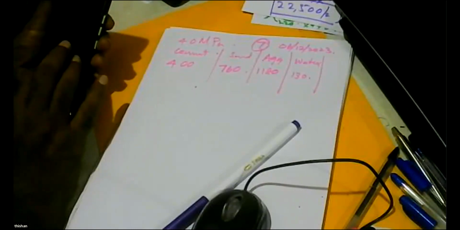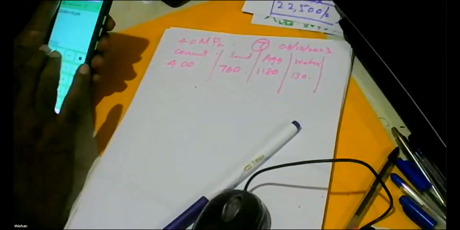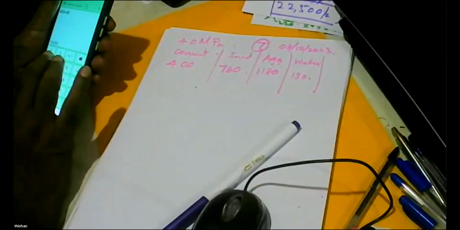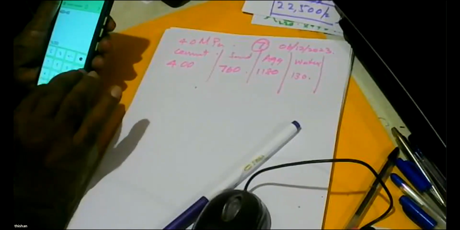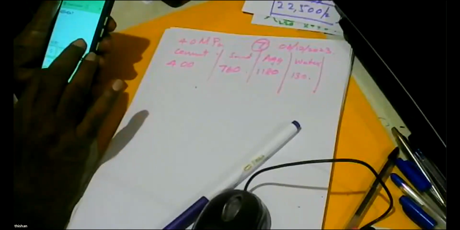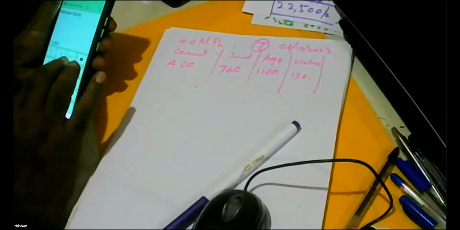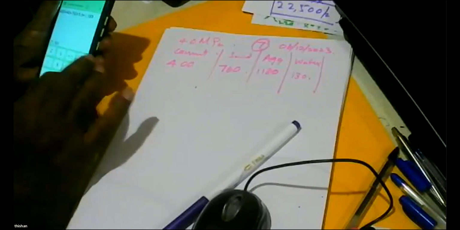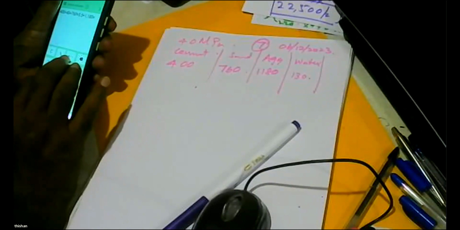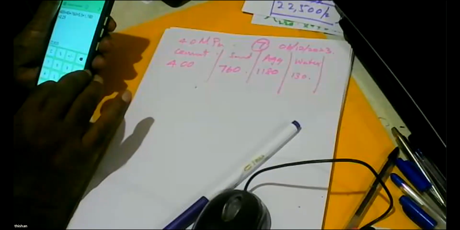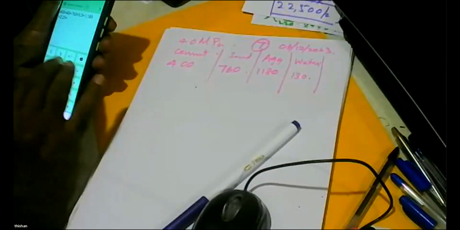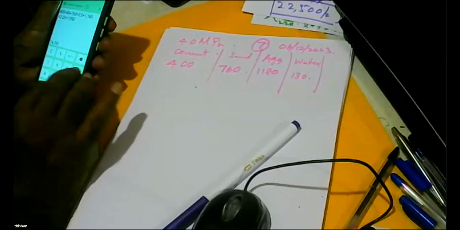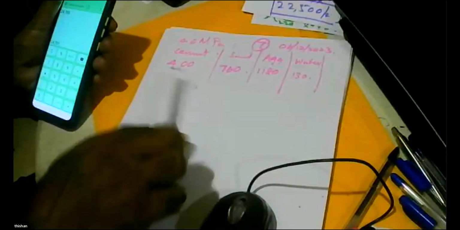Cost will be 400 multiplied by 40 plus 760 multiplied by 550 plus 1180 multiplied by 2.25 plus 1950. 25,000.